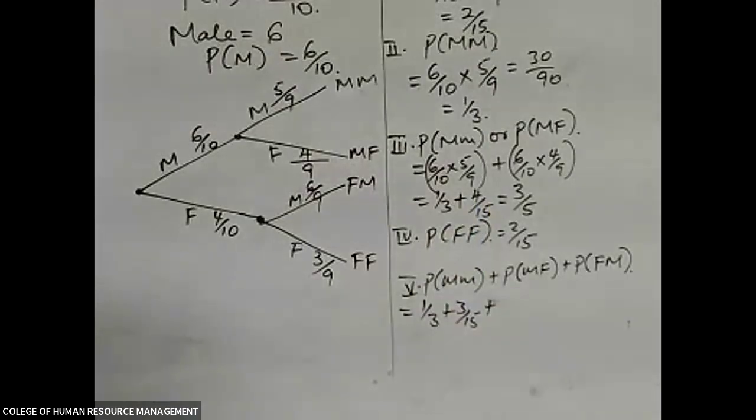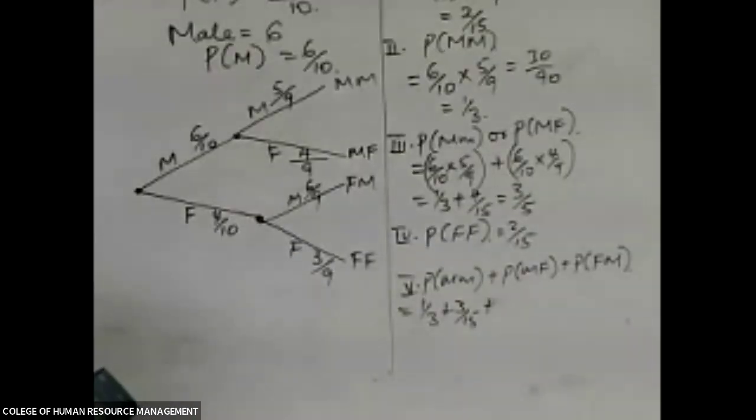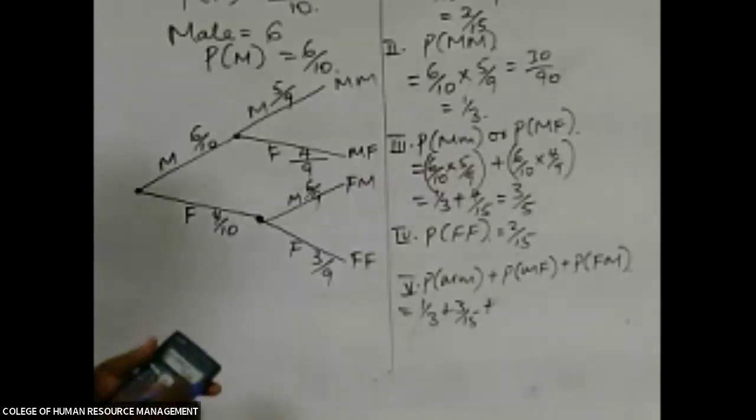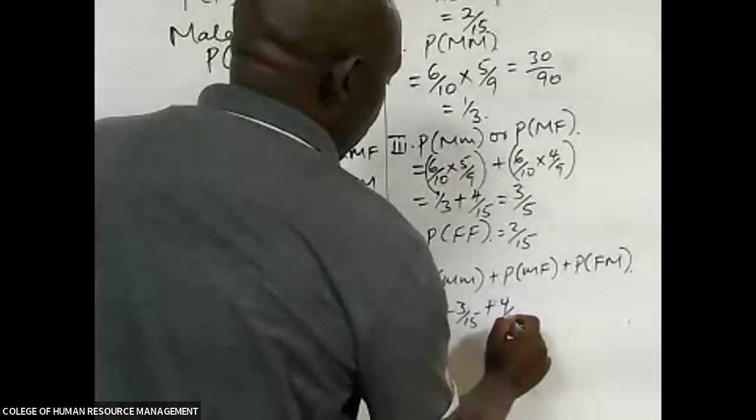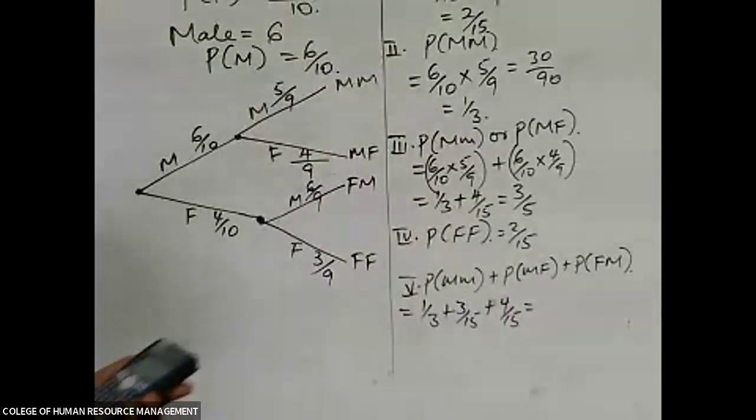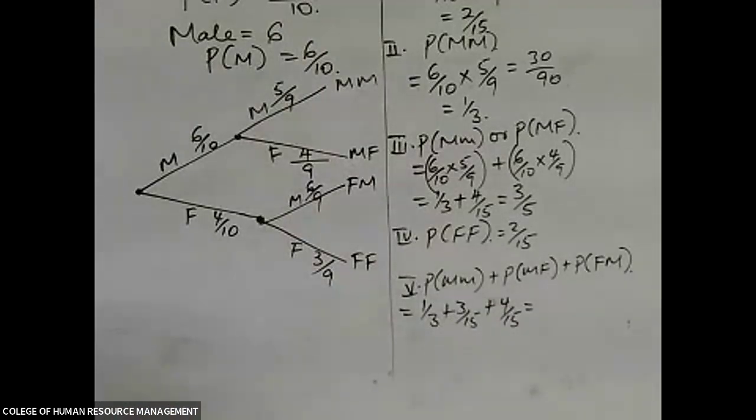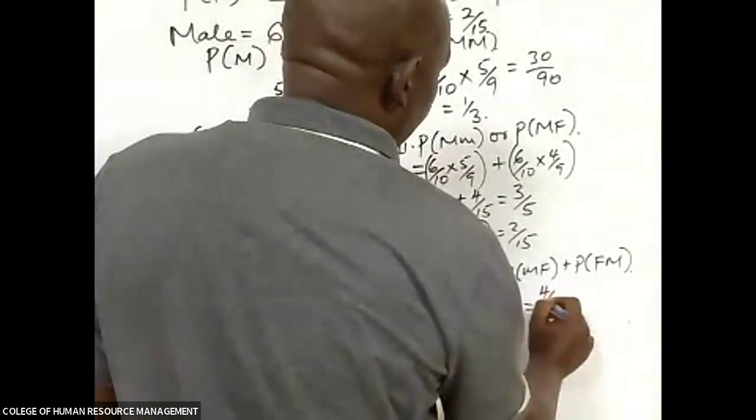Plus FM, 4 over 10 times 6 over 9, which is 4 over 15. You get 4 over 5.